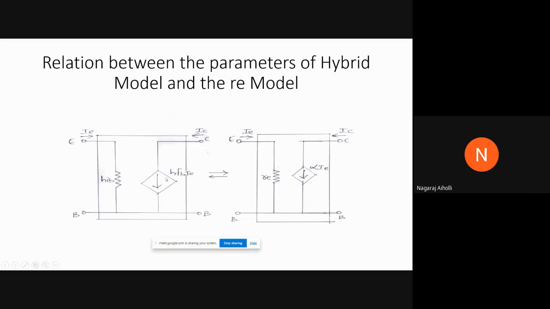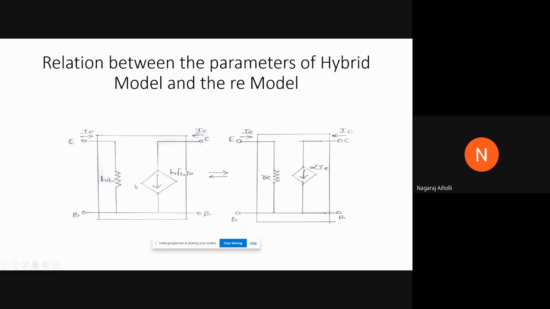If we observe the two figures, here it is HIB resistance, here it is RE resistance. That means HIB is equal to this resistance RE, right? And if we see this controlled current source, this is HFB IE, this is alpha IE. That means HFB will be equal to alpha.